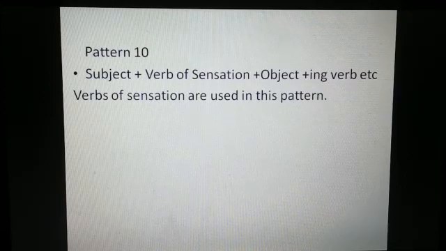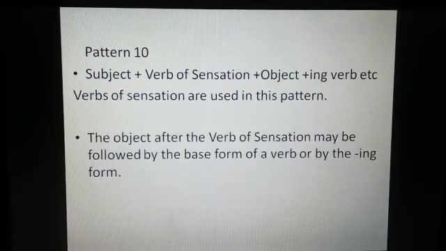The difference in 8th pattern and this pattern is that in the 8th pattern we have used the base form of verb after the object, whereas in the 10th pattern the object is followed by ing verb.